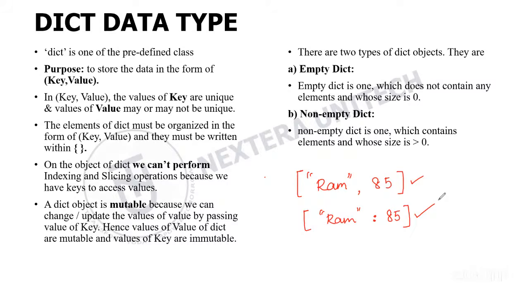So which one looks more meaningful? So yeah, this one looks more meaningful because here if you see there are some different values separated with a comma. But here if you see Ram colon 85 looks like he got 85. So they are connected. So this way looks more meaningful, and this is the dictionary part we are talking about.